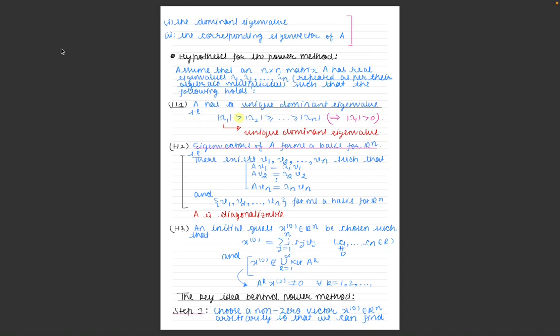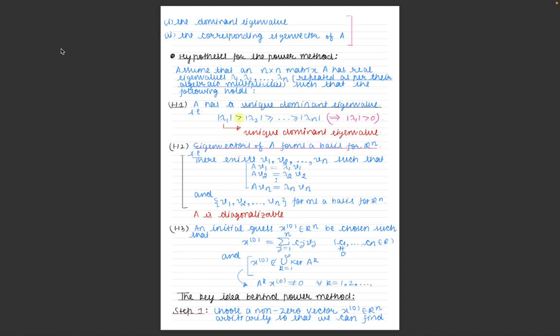It should be chosen such that x naught can be written as the sum of Cj Vj, j going from 1 to n, and this C1, C2, Cn all belong to R, and C1 is non-zero. And this x0 does not belong to any kernel of A^k, k going from 1 to infinity. So it does not belong to this union.